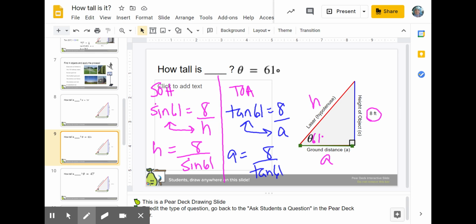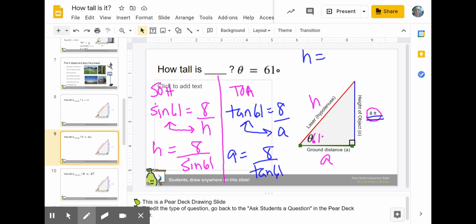So what'd you get for the H? If I was predicting, I would say it's bigger than 8.